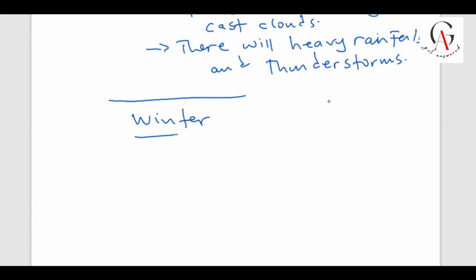In winter, the inversion layer is below the escarpment.